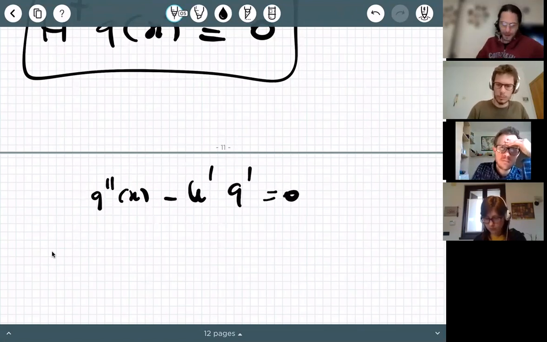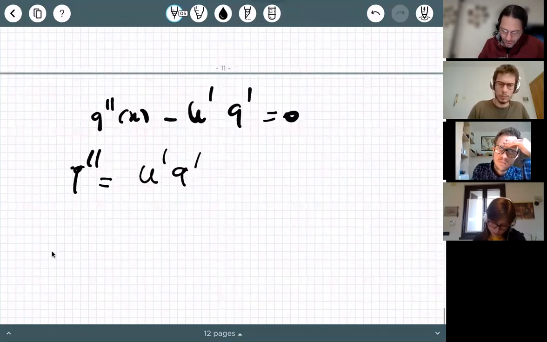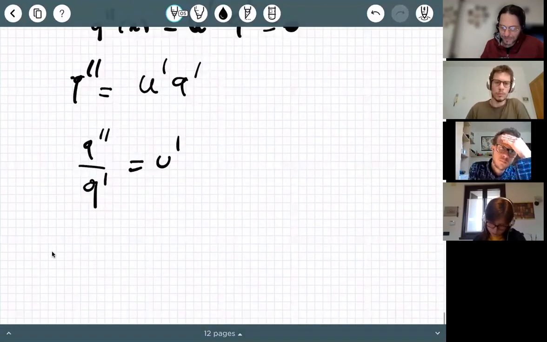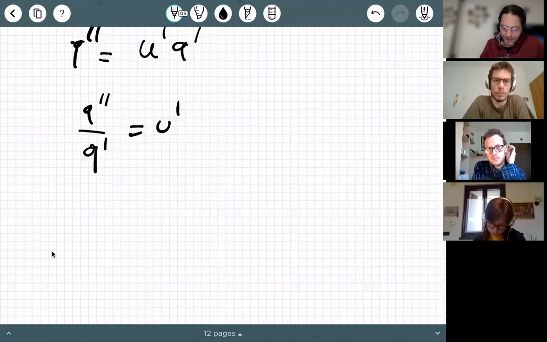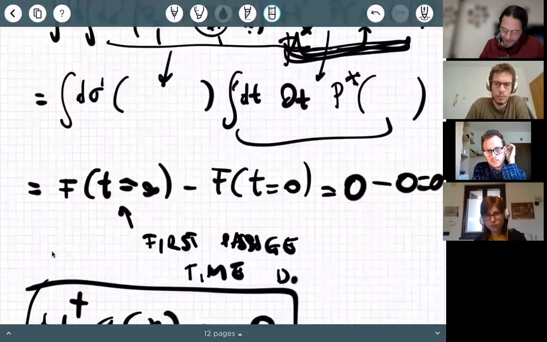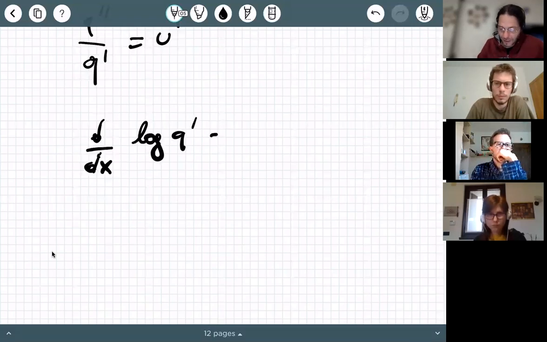Then q'' equals u' q', which means q'' divided by q' is equal to u', which means that this is d/dx of the logarithm of q' equals u', right?